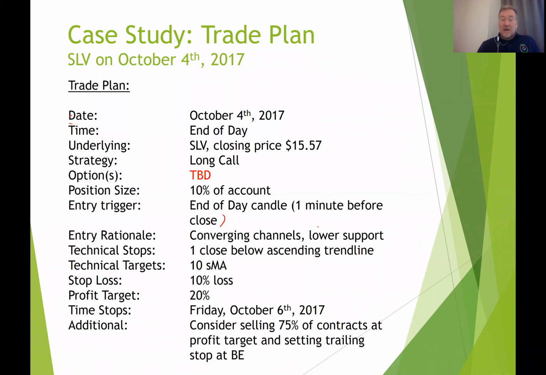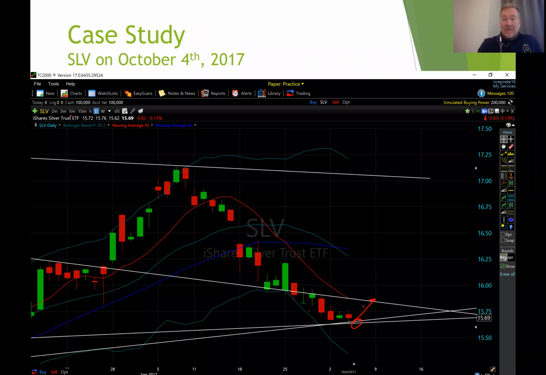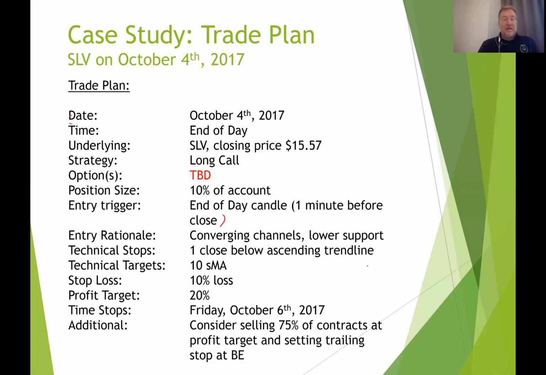I do have a technical target. My technical target is the 10 SMA. You can look at that, it's coming down here. If we happen to go up there and hit that, I'm going to get out. So I'm clearly defining where I want to get out. But I'm also clearly defining that if that technical stop doesn't happen and I do have a 10% loss on my option, I'm also going to get out.